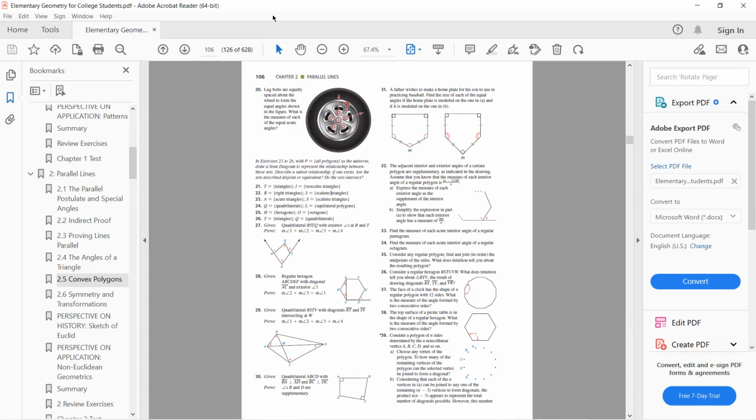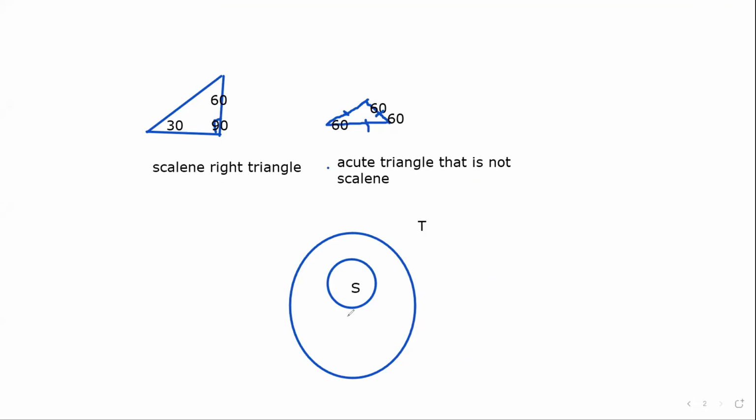If I were to draw this, I just put the triangle in there to help you, but the acute circle would be attached over here somehow.